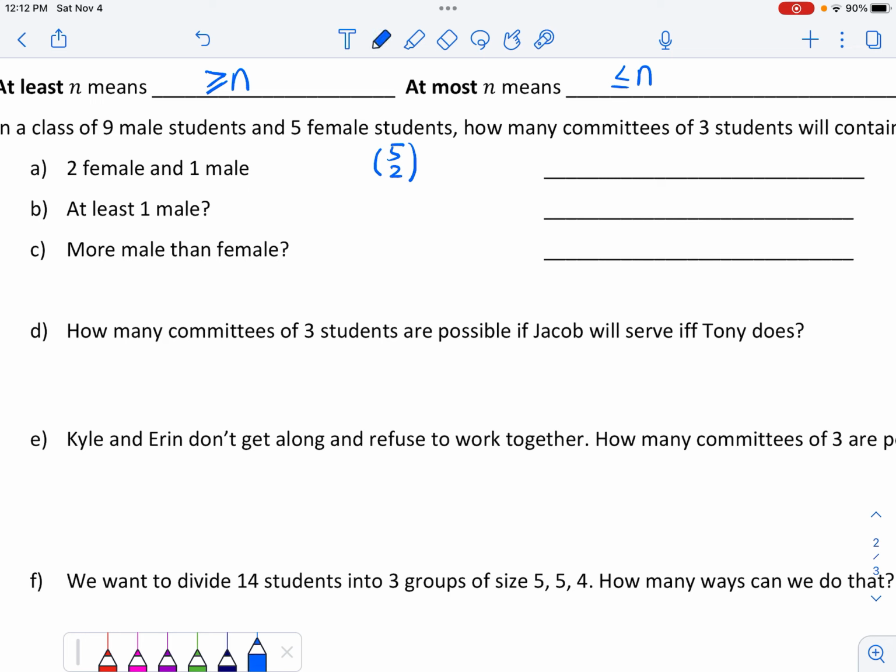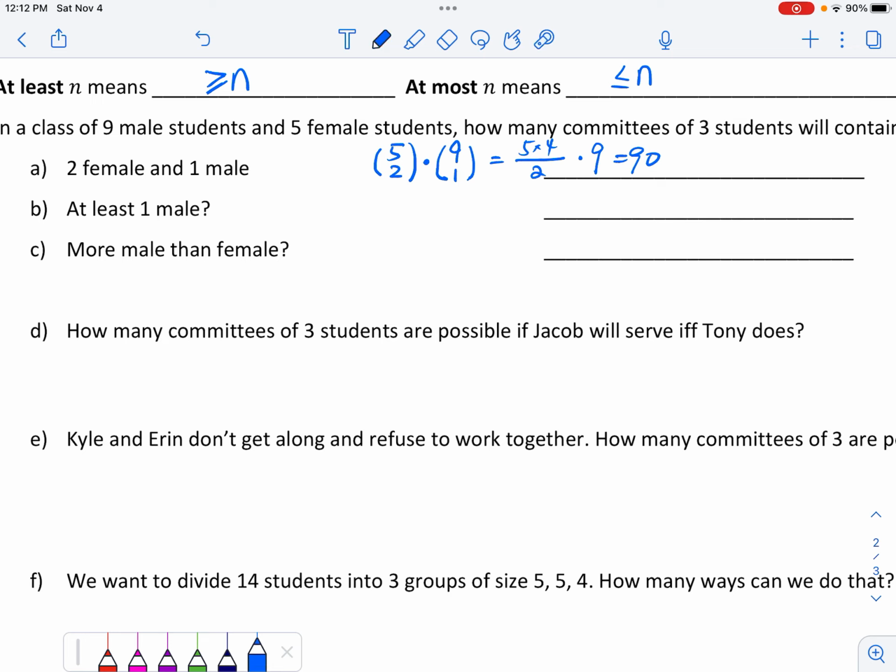Because we say step 2, that means we need to multiply. When you have a step-by-step process, according to the multiplication rule, you just multiply. So 9 choose 1. Okay, so that's how we do the first one. And this is equal to 5 times 4 divided by 2 times 9, and this is actually 90.